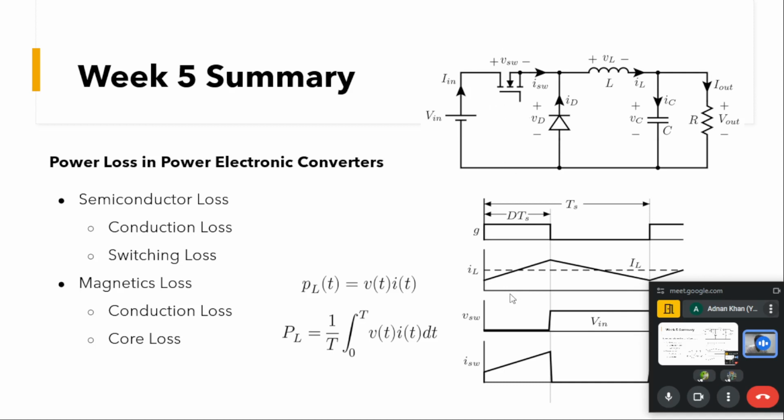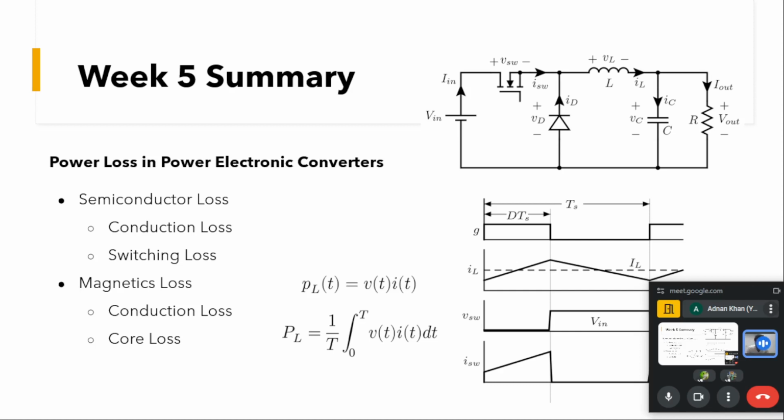Ideally there shouldn't be any voltage across this device at the time of turn on, but there might be some voltage across this device, and the current flowing through this switch will be equal to IL for that DTs interval, as shown in this graph here.